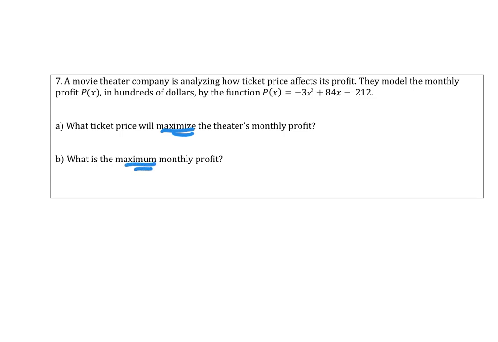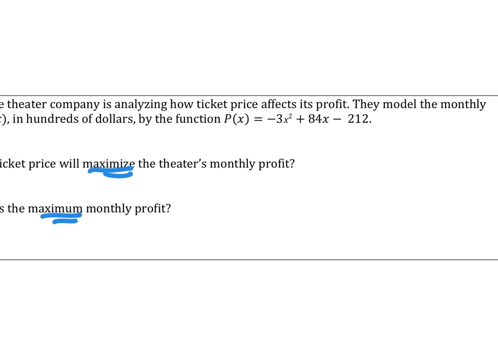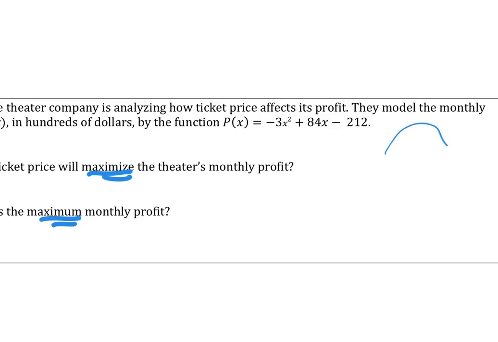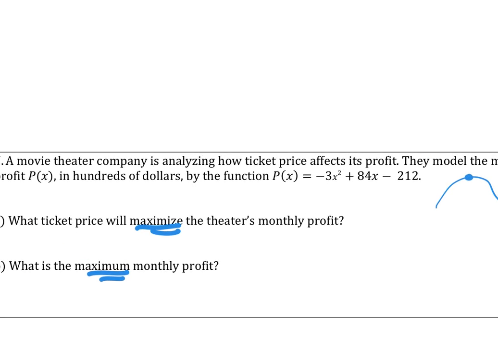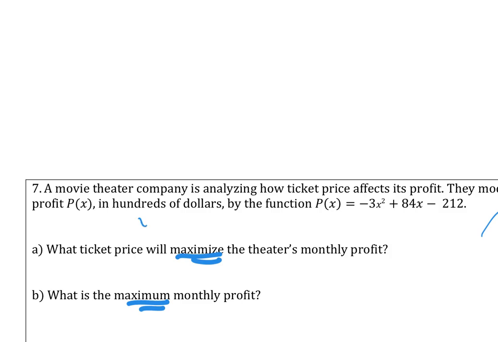So once again, we've been given a quadratic. It's asking us for the maximum, which means it's asking us to find the vertex. So we start off by finding the x value of the vertex, which is the opposite of b over 2a.